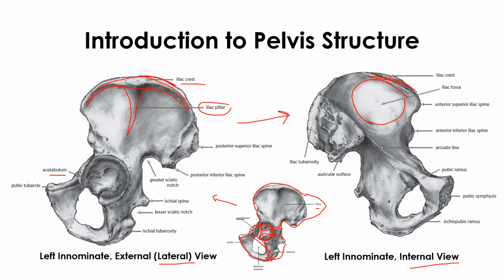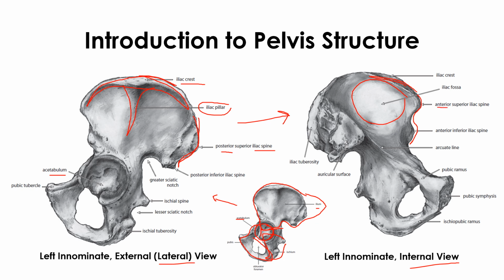Then we have the iliac spine. This region, all of this till here, is the iliac spine. Here the iliac spine can be seen in this particular place. The iliac spine can be classified into posterior and anterior.